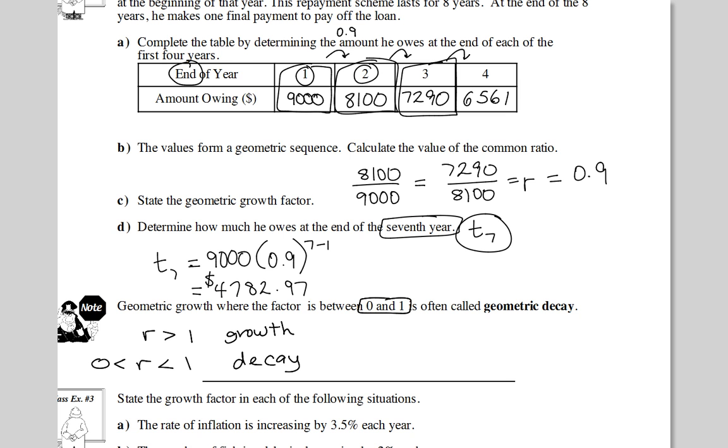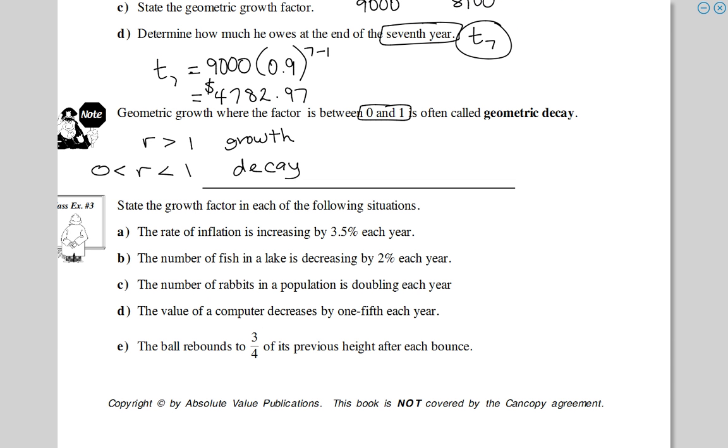So I like class example 3 because it gives us an opportunity just to think about how we could find these R values. Okay, so in economics there's this thing called inflation, and it says that the rate of inflation, which is like the cost of living, increases by 3.5% each year. So you'd have 100%, which is your standard, your normal.